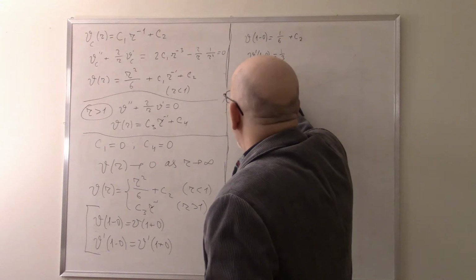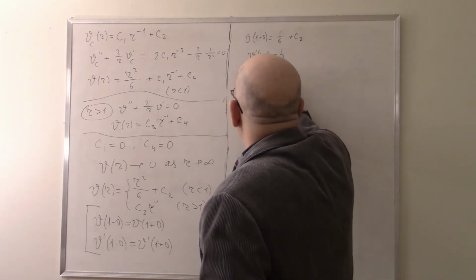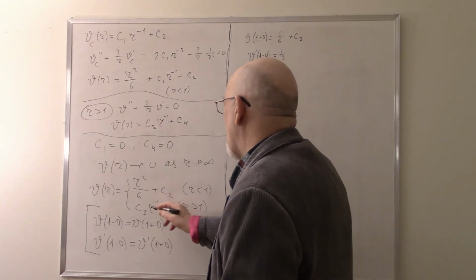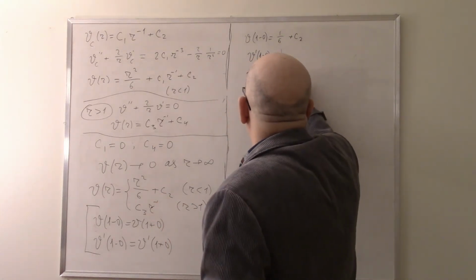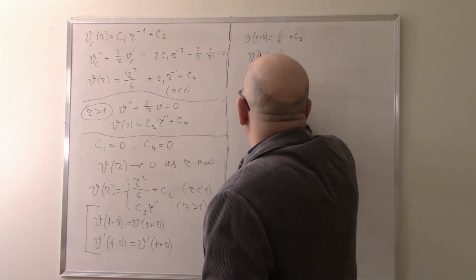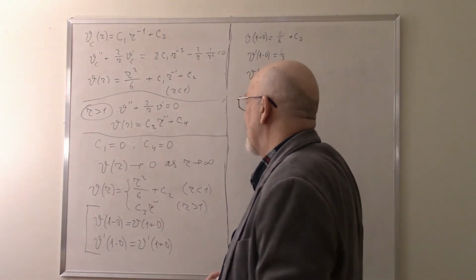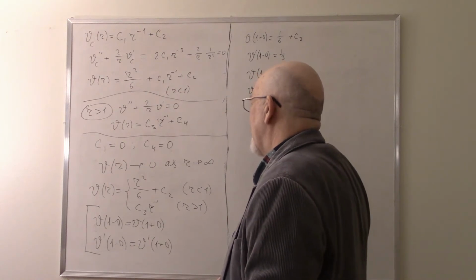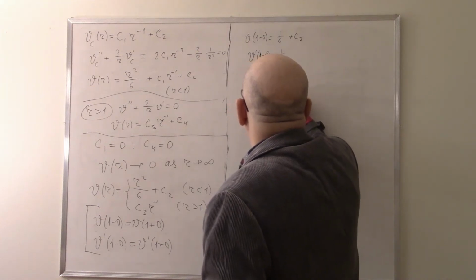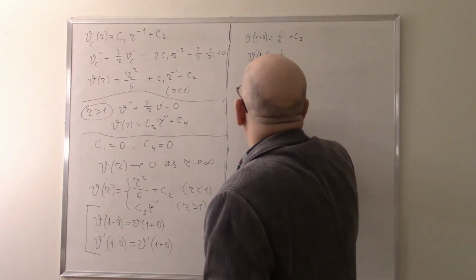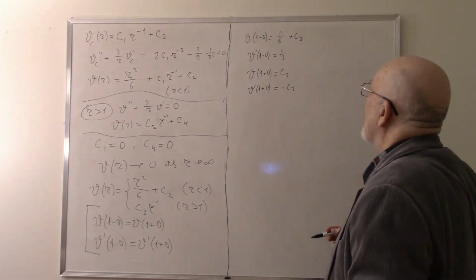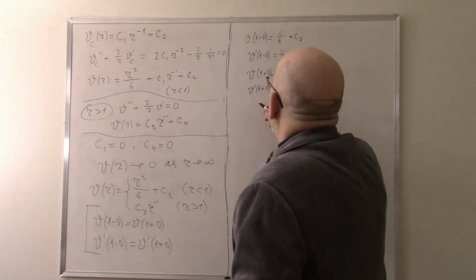That's it. V of 1 plus 0 equals C3. V prime of 1 plus 0, we have to differentiate it. It is minus C3 r to the minus 2, r equals 1. It is minus C3. And so we have the following equations to define the constants C2 and C3.